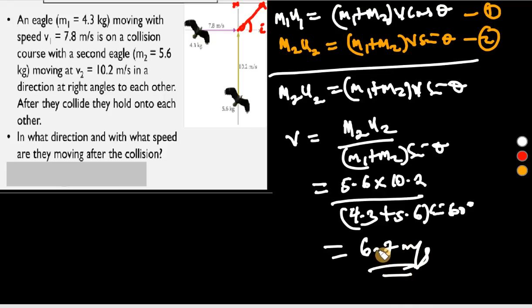So the speed they moved with after collision is 6.7 meters per second. This is the answer. In what direction? 60 degrees from the horizontal, of course, and the speed is 6.7 meters per second. So this is the direction, and this is the speed.